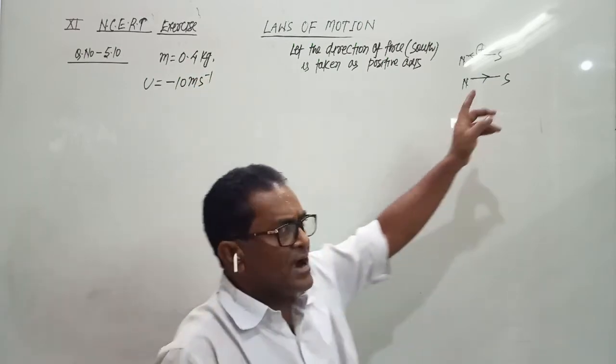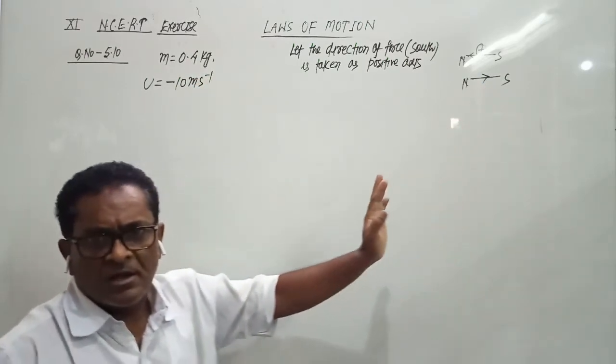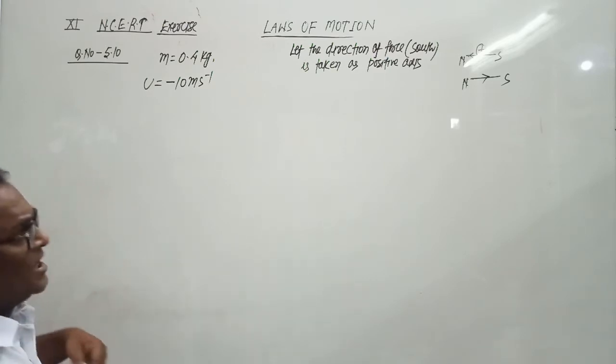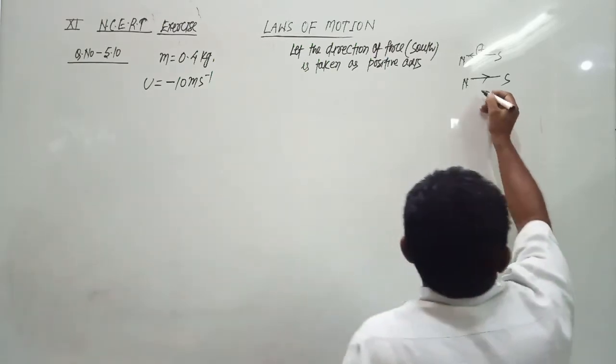Because the force is applied in one direction and we have taken this direction of the force as positive, and since the body is moving in the opposite direction, therefore its direction will be negative.